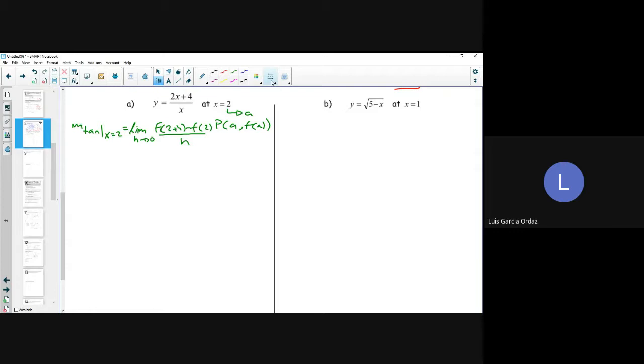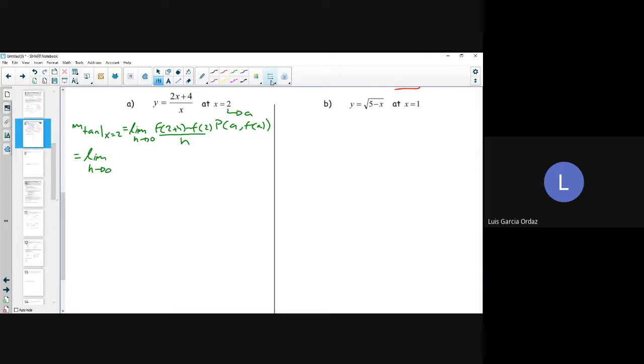So like I said, guys, wherever we see x in the original function, I need to sub in 2 plus h. So wherever I see an x, I'm going to plug in a 2 plus h for f of 2 plus h. And then for f at 2, I'm just going to calculate what f at 2 gives us. So this one's going to be a very annoying one because of the fraction. It's going to take up a lot of space.